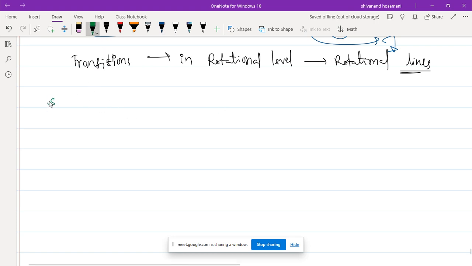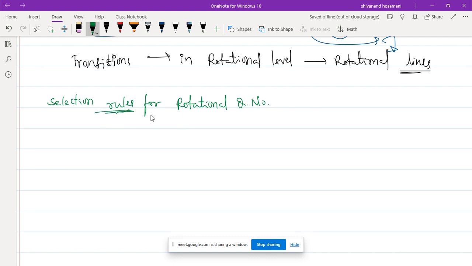Selection rules for rotational quantum number: Delta J should be equal to only plus or minus 1. Zero is not allowed in the rotation spectrum; here there is only plus or minus 1, meaning a jump from one state to another.